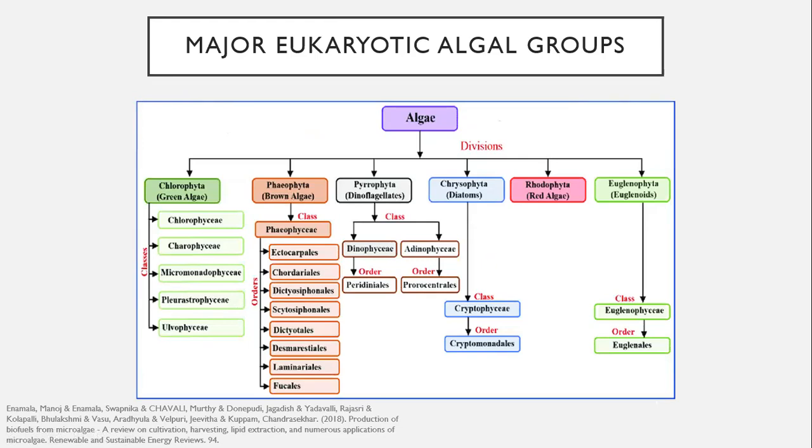So you have chlorophyta, which are green algae, phaeophyta, which are brown algae, pyrophyta, which are the dinoflagellates, chrysophyta are the diatoms, rhodophyta is red, and euglenophyta are euglenoids. So these are the major divisions or phylum here, and we see most of these different phylum in the Potomac and Anacostia rivers.